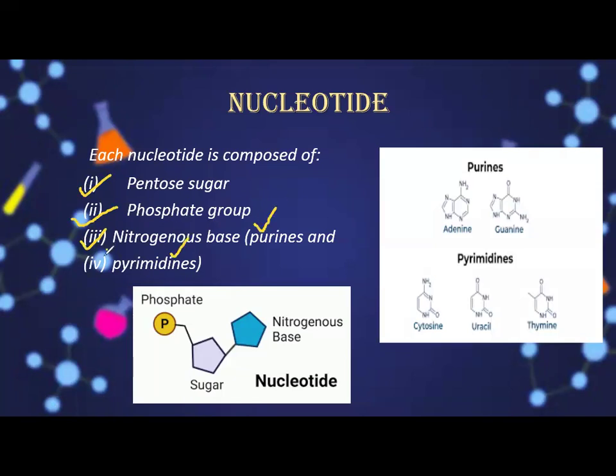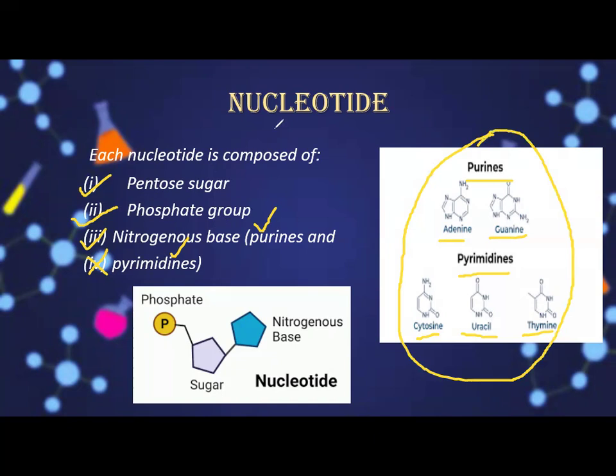Sorry, this is mistakenly written as four, but this is the third one. So nitrogenous bases make up nucleotides and nucleotides make nucleic acid. Adenine and guanine are the purines, and cytosine, uracil, and thymine are pyrimidines. This is just an overview, not so important at your level.